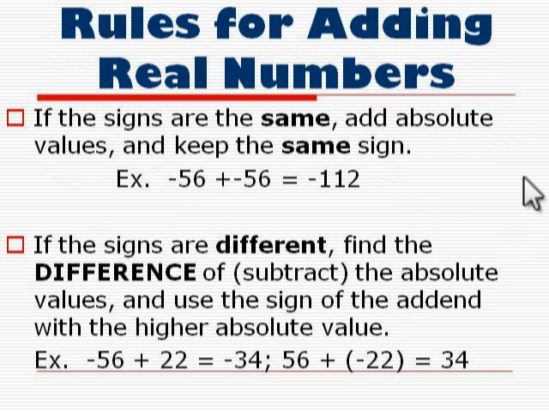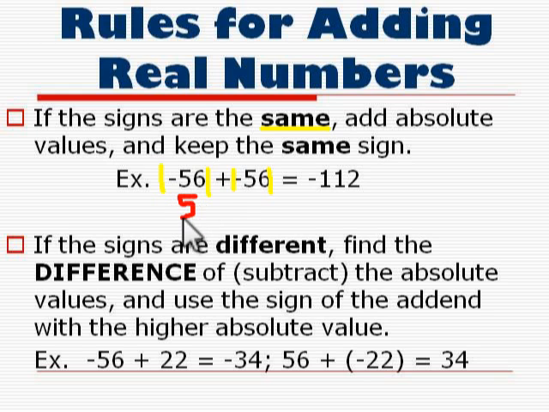The first rule says if the signs are the same, you add their absolute values and you keep the same sign. So, to add -56 and -56, we're going to take their absolute values. The absolute value of 56 is 56.